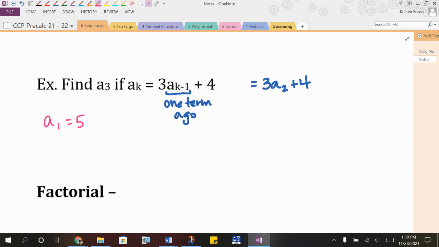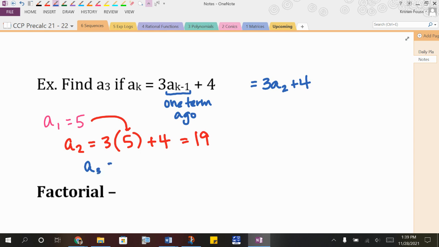So if I want to find a_3, I know a_1. Well, if I know a_1 is 5, then I'm going to use that to find a_2. And a_2, or any term, is defined as 3 times the term before it, which I just told you was 5, plus 4. So 3 times 5 plus 4 is 19. So that must be term 2. And now I can use that to find term 3.